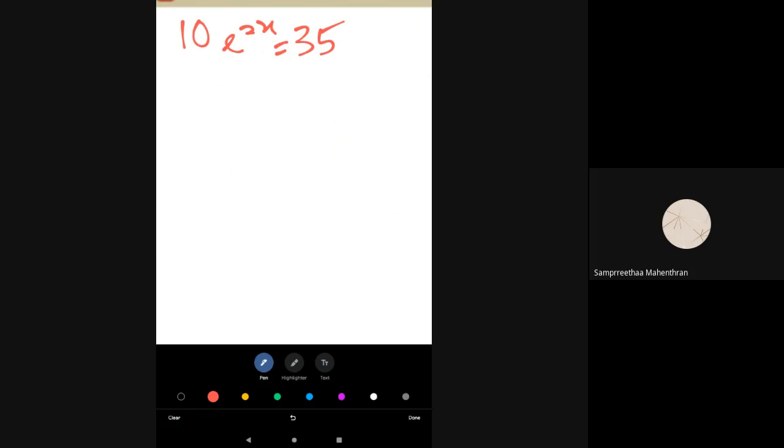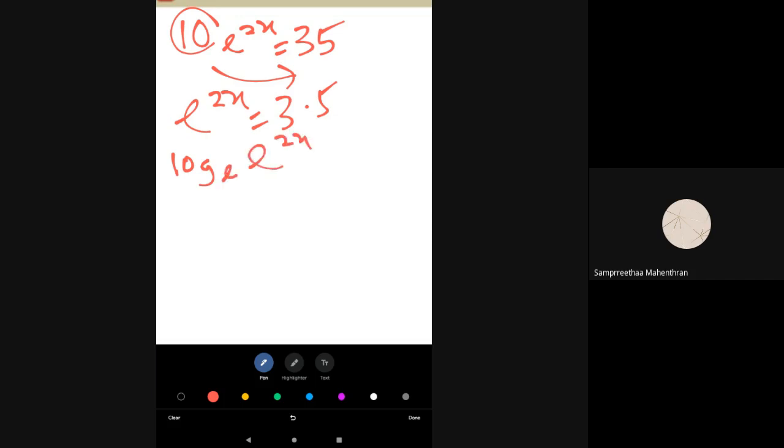So we will use ln. Before that, we bring this 10 to the right hand side. So we have e power of 2x equals 3.5 because we divide. So here we will use log e, better because we already have the e. So e power 2x, take log e of 3.5.